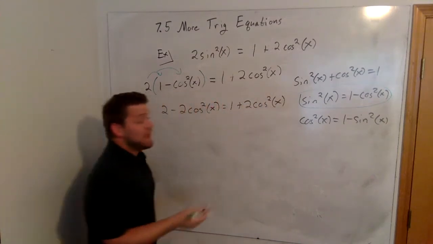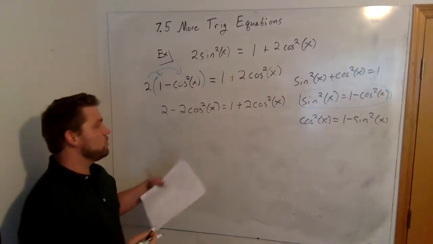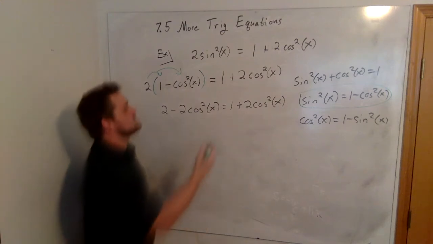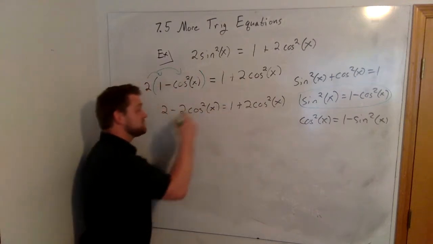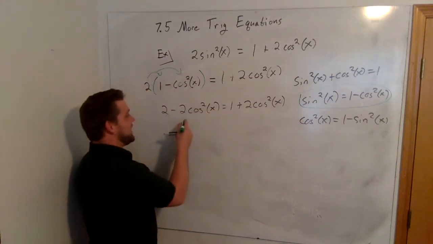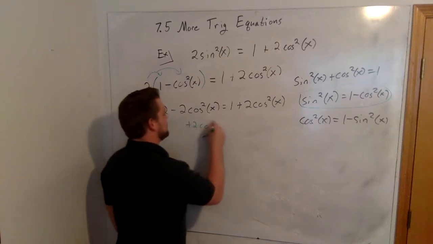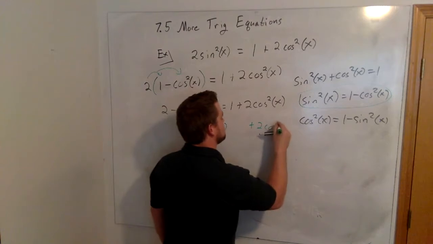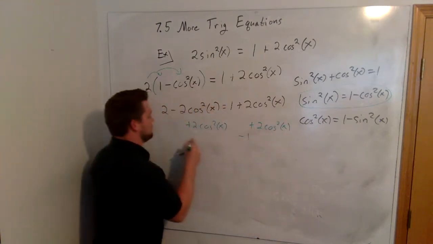What's great about what we have here is we only have cosine squareds now, so let's group all our cosine squareds together, and anything that has a cosine squared, let's put it on one side, and anything that isn't a cosine squared, let's put it on the other side. So we're going to add 2 cosine squared to both sides, and we're also going to subtract 1 from both sides.